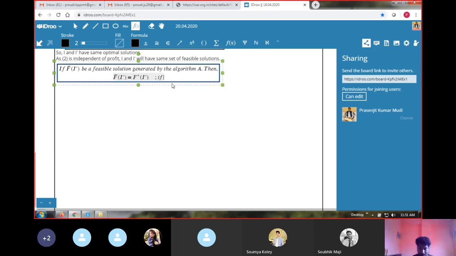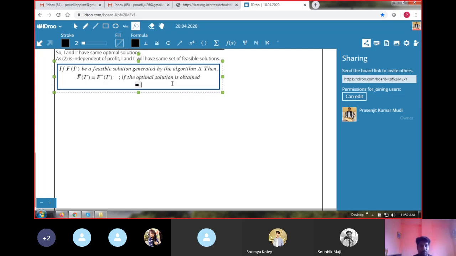If the optimal solution is obtained, fine; otherwise it will not be equal to f star I dash.